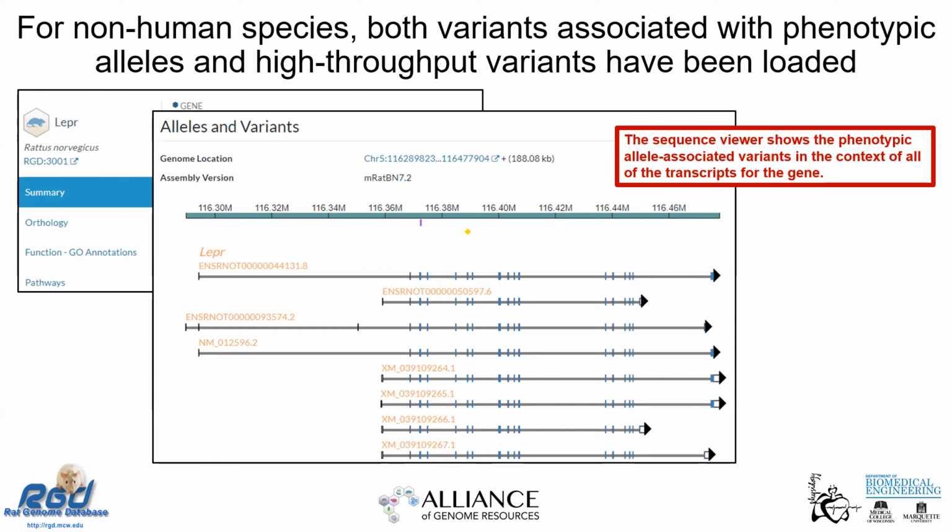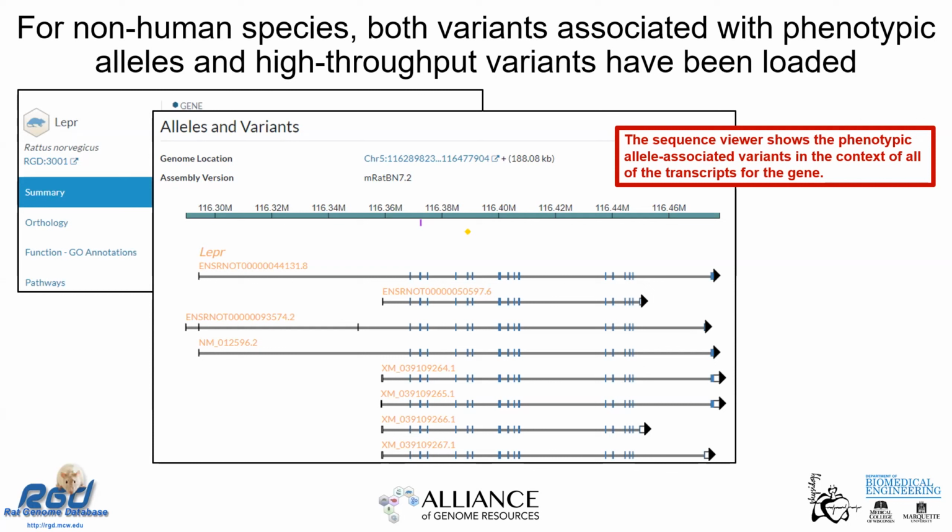So mostly for whole genome sequencing. For non-human species, we have manually curated variants that are associated with the phenotypic alleles, in addition to high throughput variants.